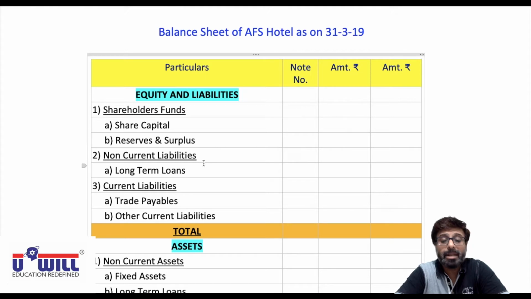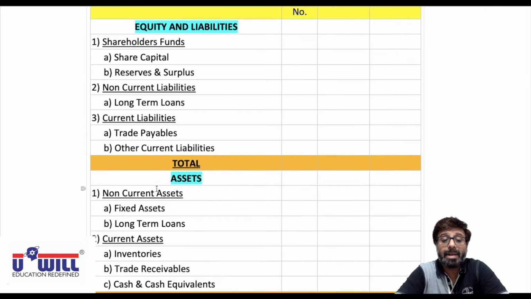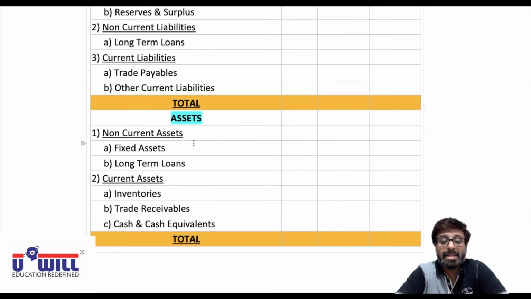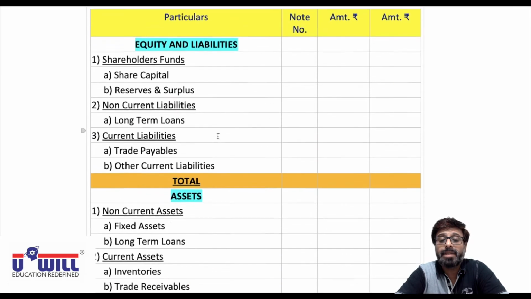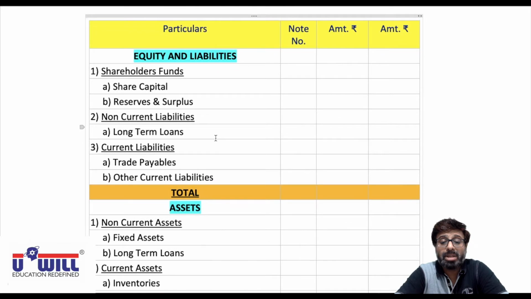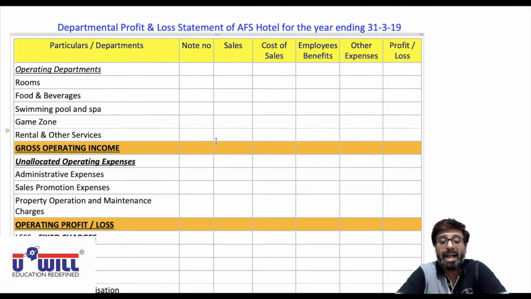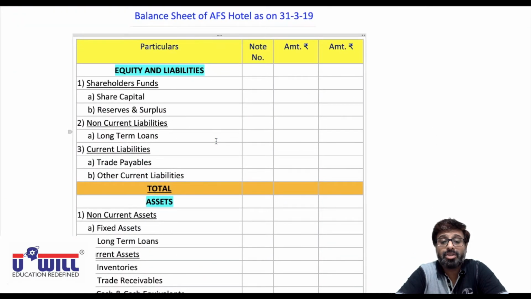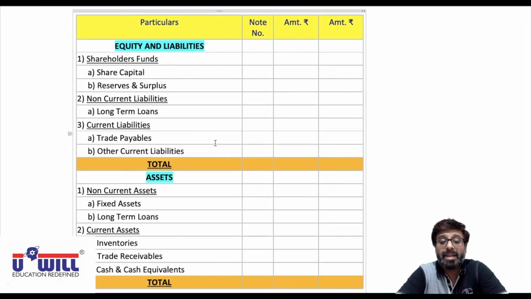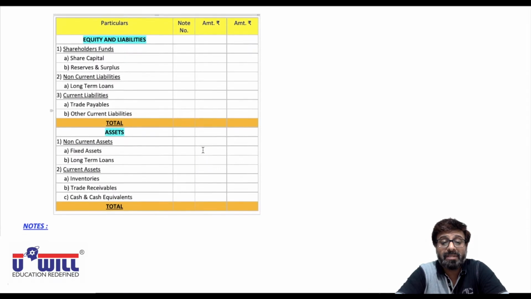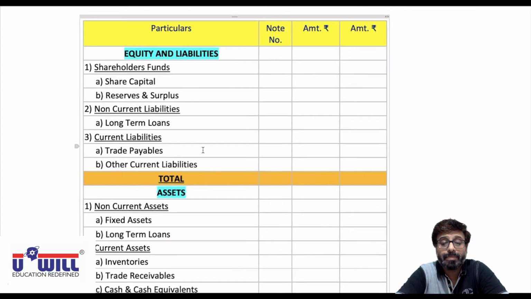Non-current liabilities, long-term loans. Current liabilities, trade payables and other current liabilities. Asset side: non-current assets, fixed assets and long-term loans. Current assets: inventories, trade receivables and cash equivalents. So all of you pause the video and make the format of P&L statement and balance sheet. Once you are done with the format, we take up the notes to P&L statement as well as balance sheet. So pause the video and make these formats, everyone.